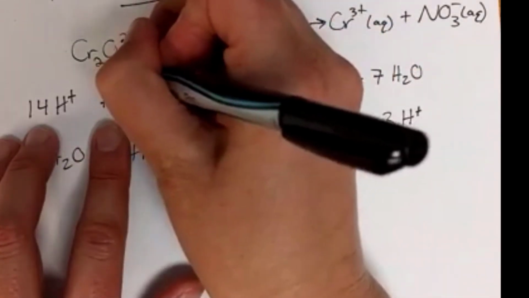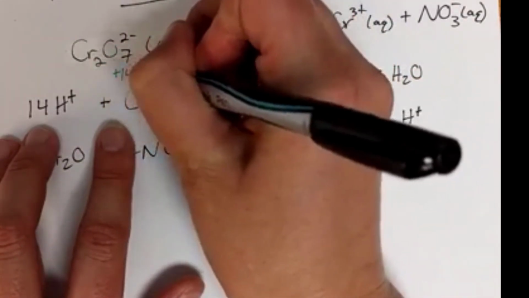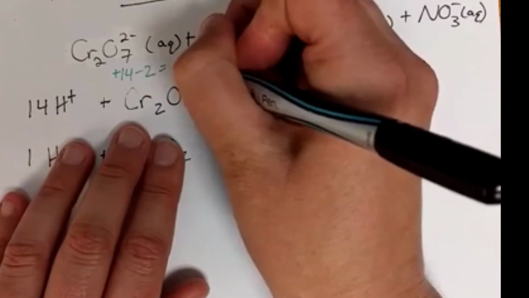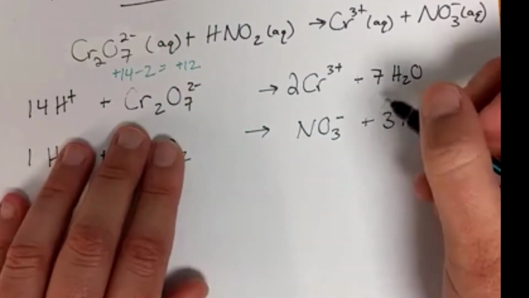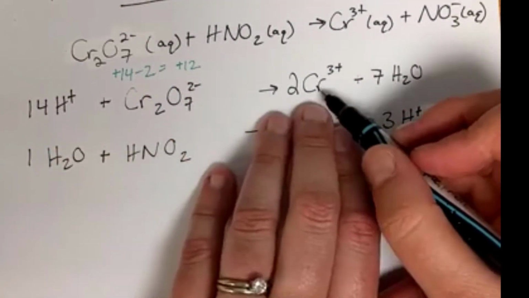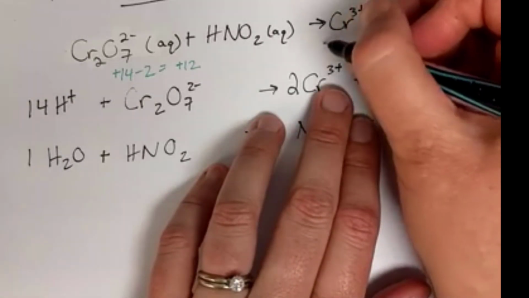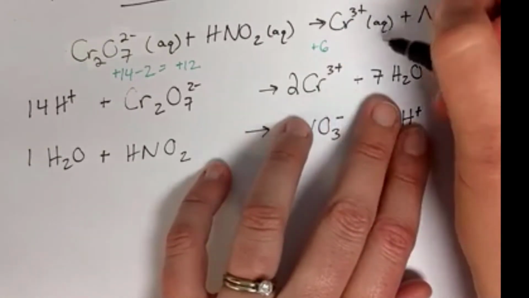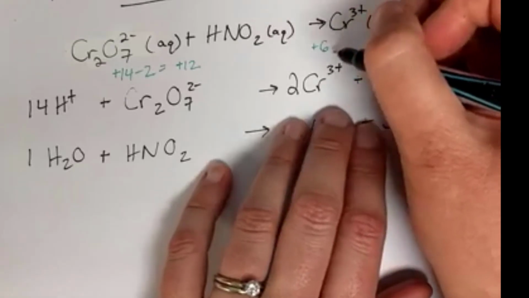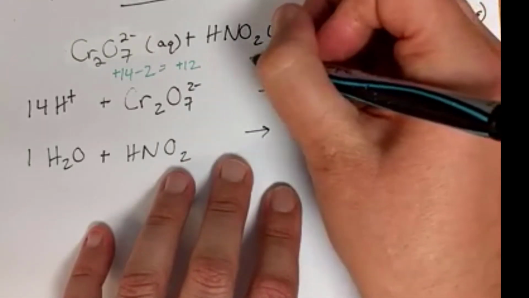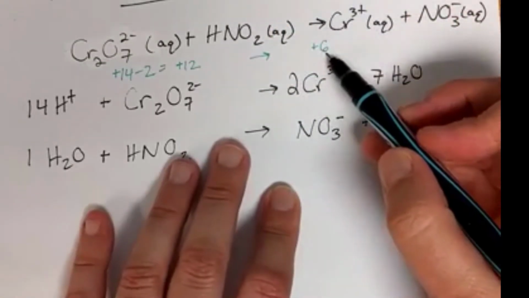So I have plus 14 minus 2 gives me a total net charge of plus 12 on this side. Over here, I have 2 times 3 gives me a positive 6 plus 0, so plus 6 on this side. So I'm basically going from plus 12 to plus 6.